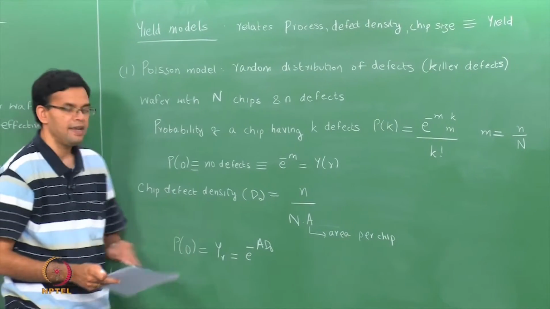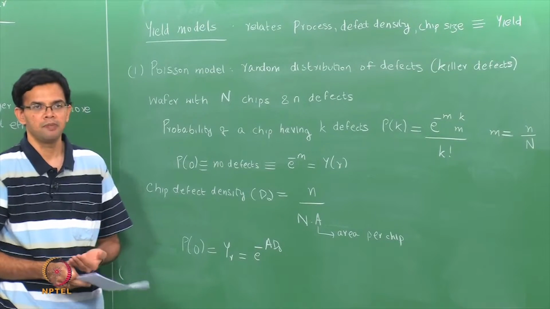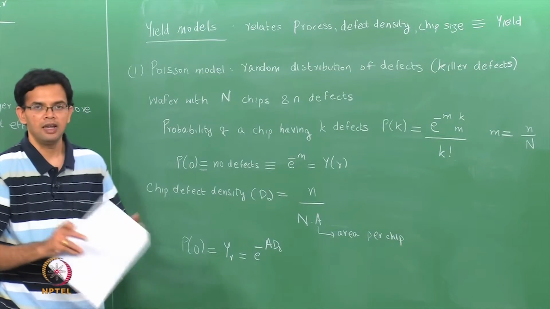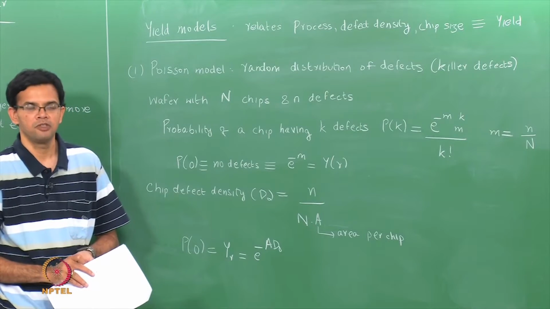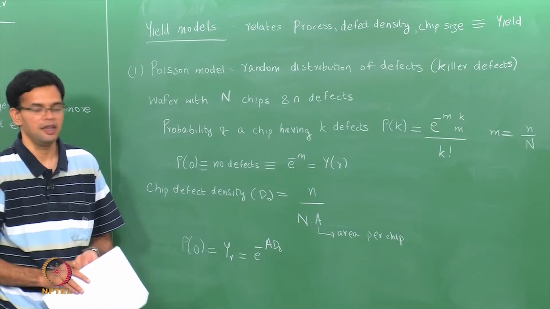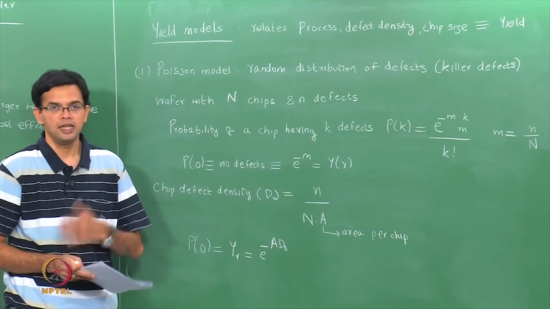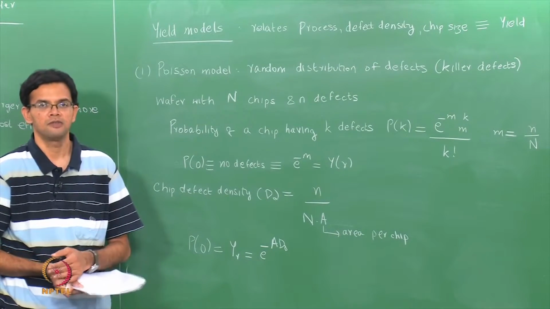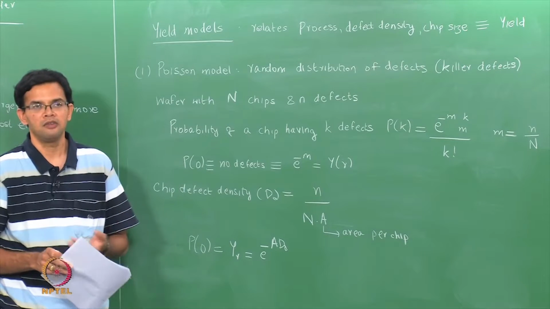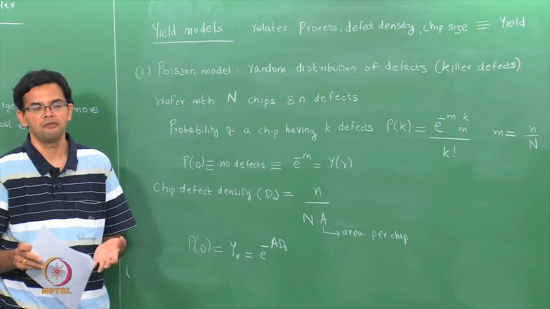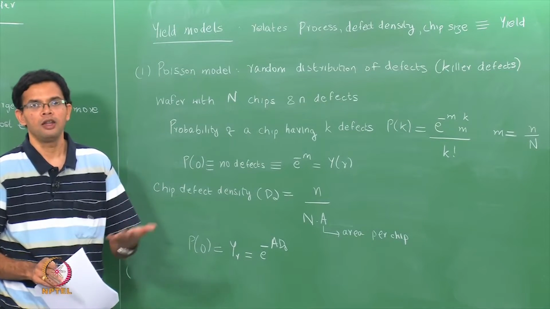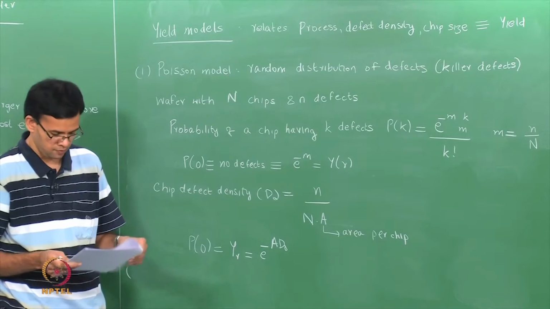So, the yield again depends upon the area per chip. So, if you have a larger chip area, which means we have a larger die area, the yield is lower for the same density of defects on the surface, which is once again the reason why we go for larger wafers, so that the overall number of chips are higher.